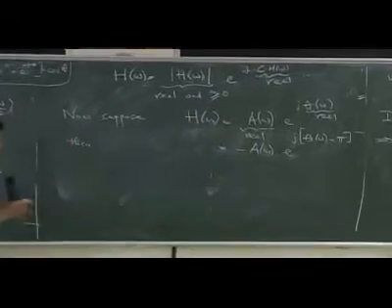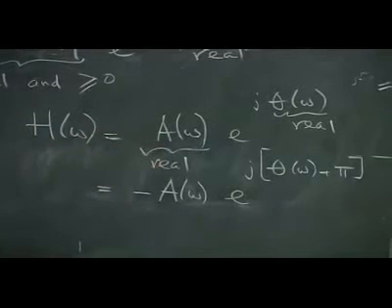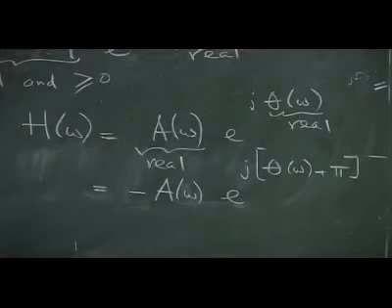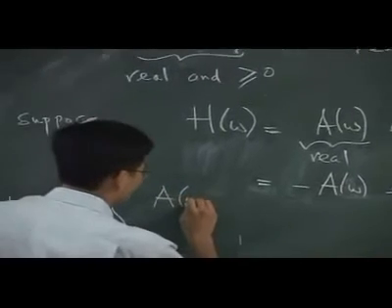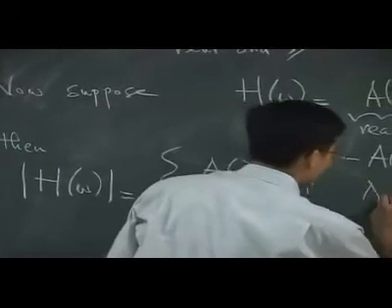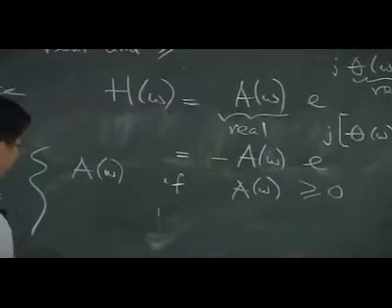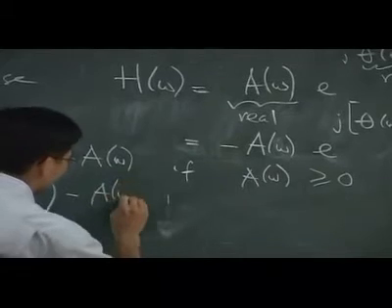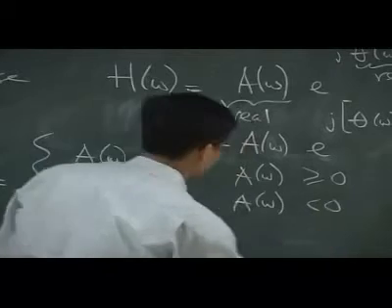Okay. So if that's the case, then if you want to equate this with that, I can write that the magnitude of H of omega would be equal to A of omega if A of omega is bigger than or equal to 0, and equal to minus A of omega if A of omega is less than 0.